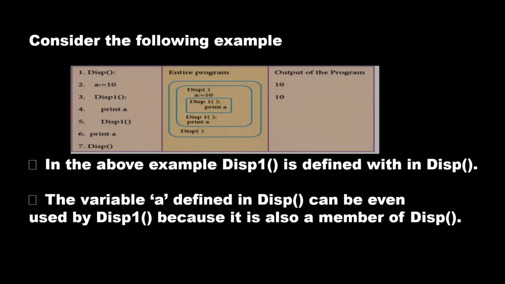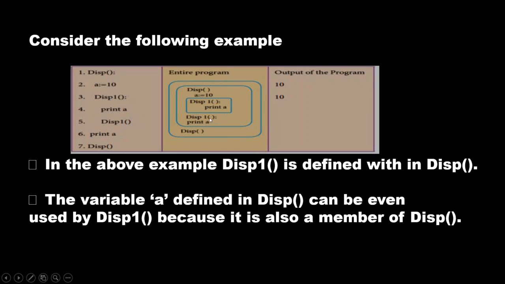So here we have an example. Three variables are given here. In the above example, display1 is defined within the display function. So display is a function where display1 is within that function.